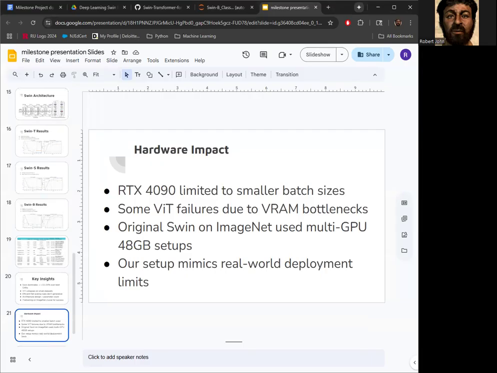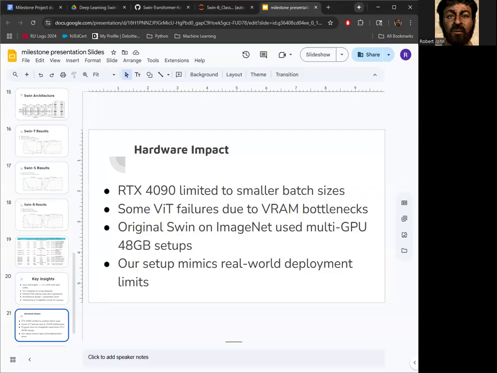In terms of hardware impact, our RTX 4090, while powerful, still limited us to smaller batch sizes. Some of the vision transformer failures we saw were due to VRAM bottlenecks rather than just architecture issues.